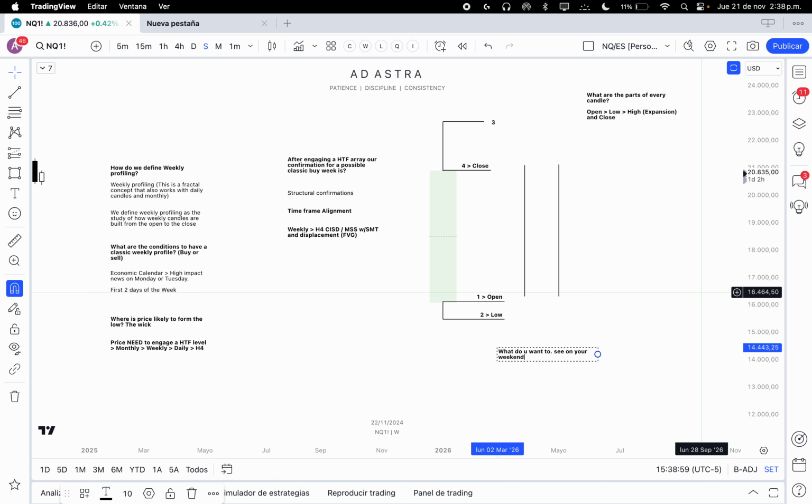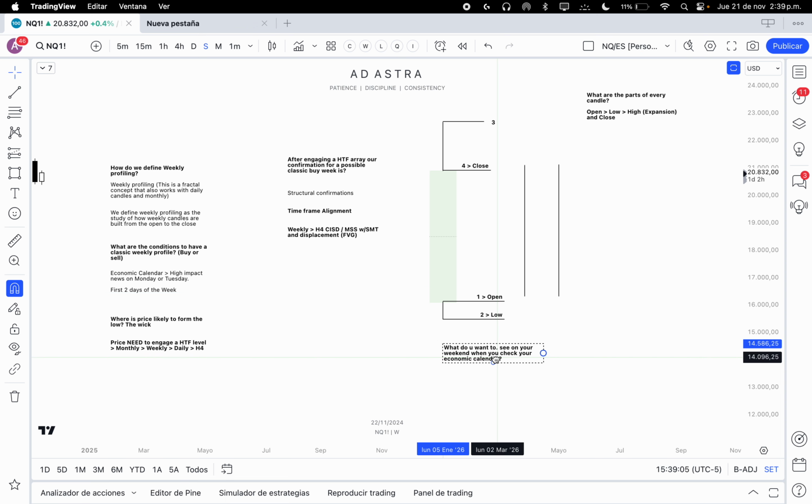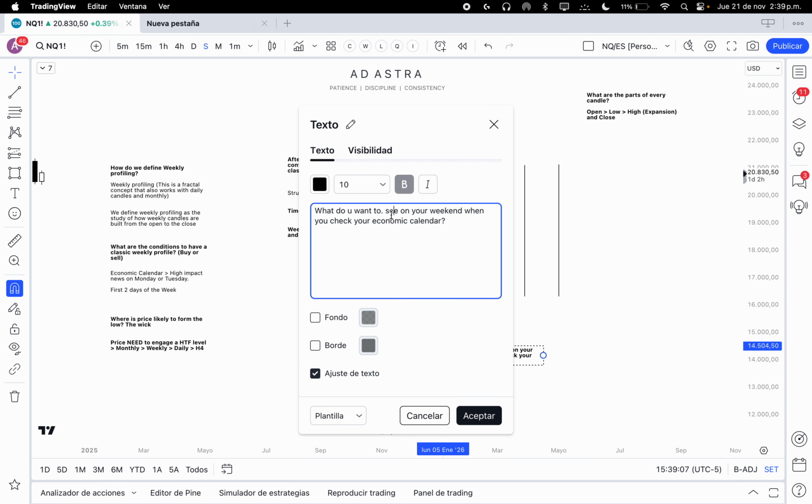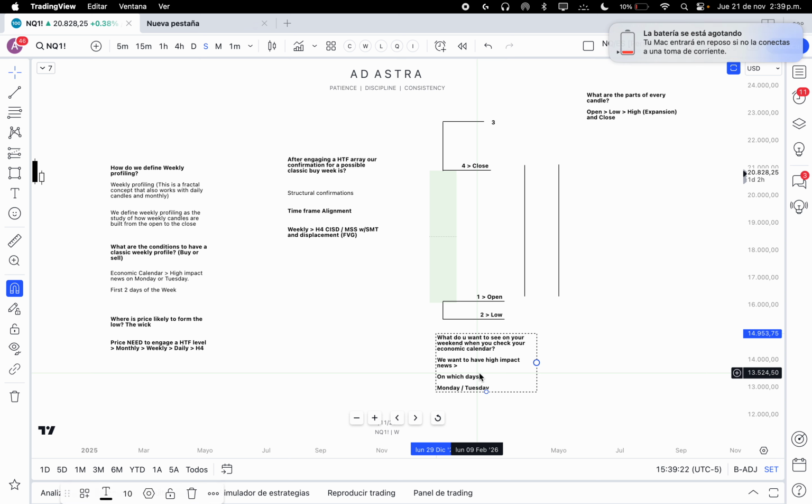When you check your economic calendar, what type of news do you want to see, guys? We want to have high impact news. On which days? Monday and Tuesday, to qualify as a classic buy week, right?